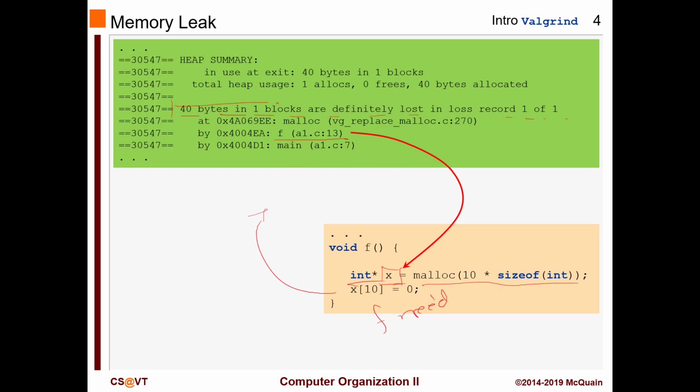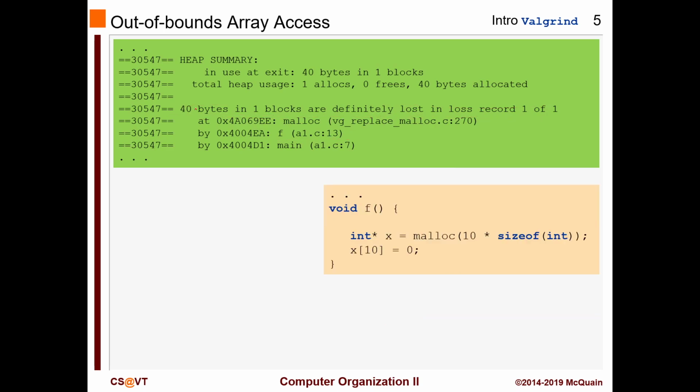So whenever you get an error message in Valgrind like this, it basically means that you didn't free something. Another idea you can get from here is that it says 40 bytes. How do we get 40 bytes? It's 4 times 10 bytes, right? It's an integer array that has a size of 10, which is basically this.